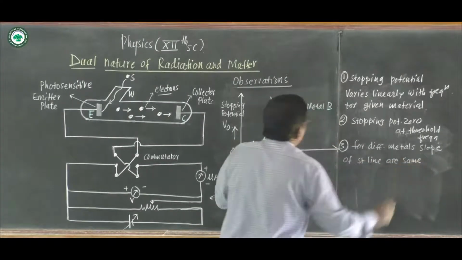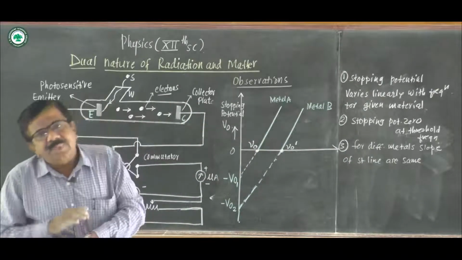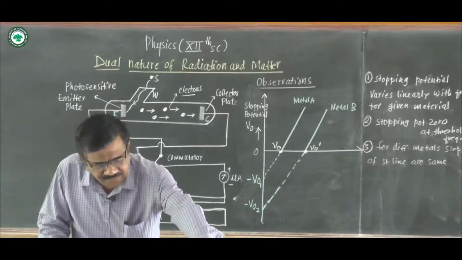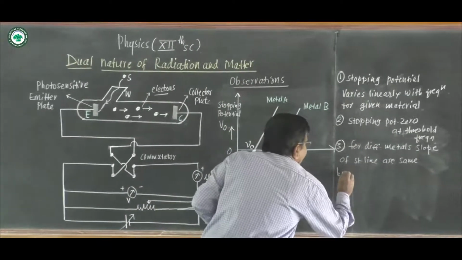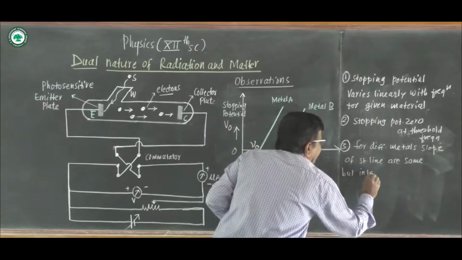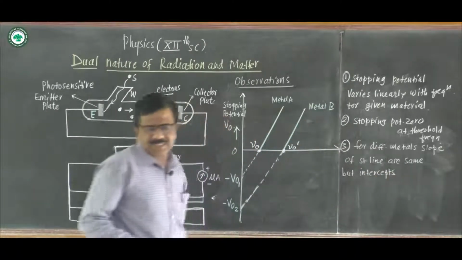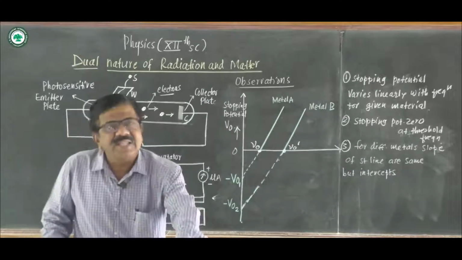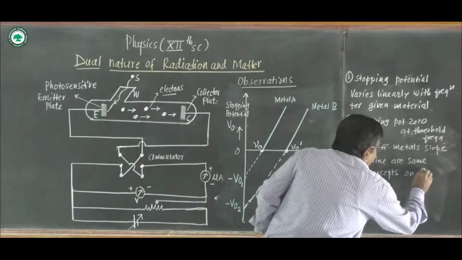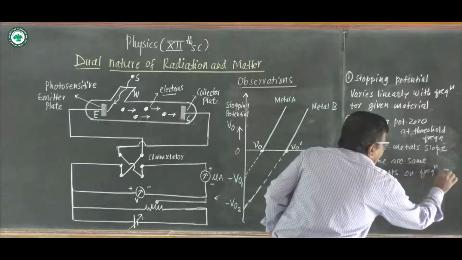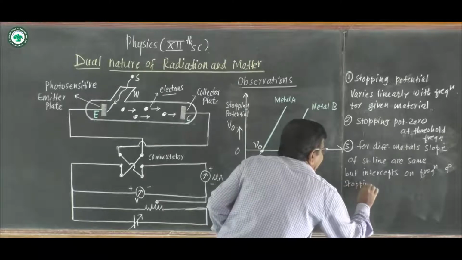See here, as these two are parallel lines, the slopes of the straight lines are the same, but the intercepts on the frequency and stopping potential axes are different.